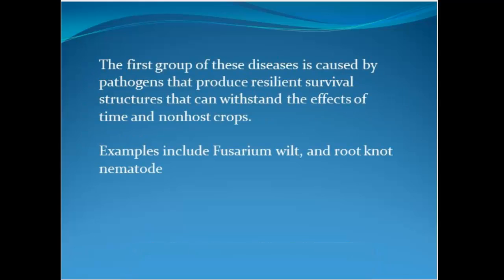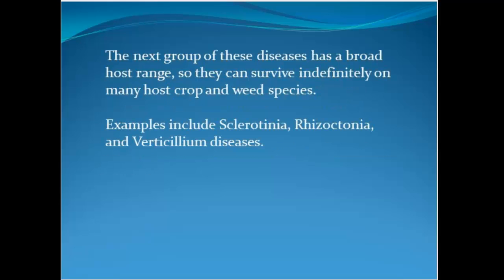The first group of these diseases is caused by pathogens that are able to produce very resilient survival structures, and they can withstand very long periods of time without any host crop being present. Examples of these types of diseases where crop rotation is likely of minimal impact would include things like fusarium wilt and root knot nematode.